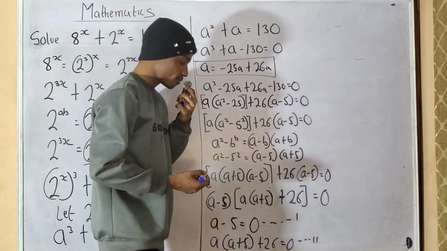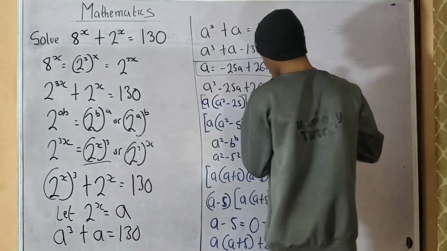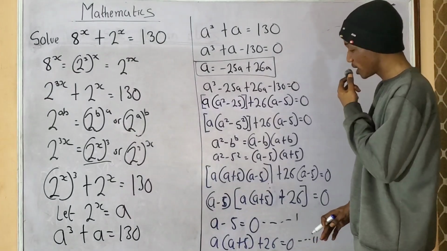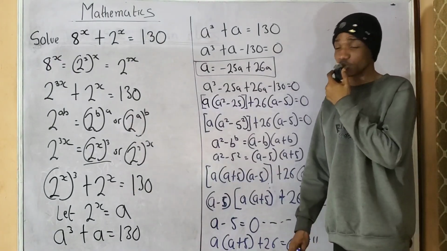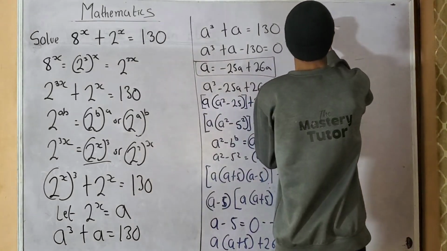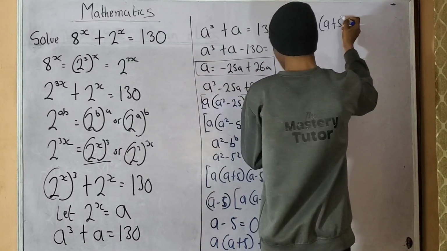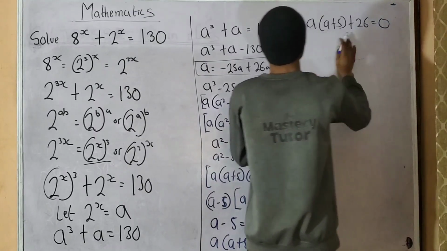Now, let me first check the second. We want to check because this one here, we are going to have a quadratic equation. Are you getting it? So we are going to use the discriminant to check maybe this has a real solution or not. So I'm going to have a multiplied by a plus 5 plus 26 equals to 0.